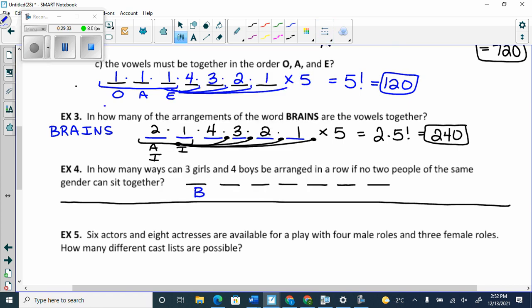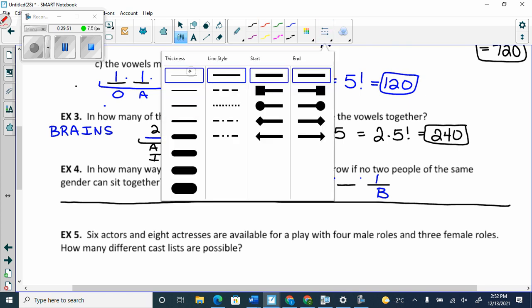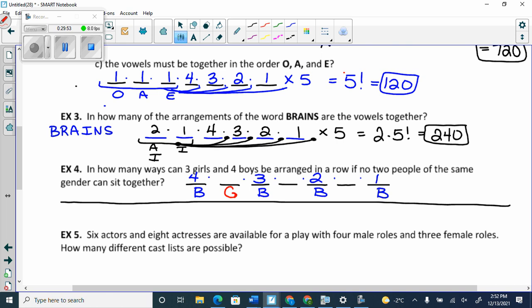So I go boy, boy, boy, boy. How many options of boys do I have for the first blank? 4. Then this one. 3. Then this one. 2. Then the last one. 1. And I have to fill the rest in with girls. So I have 3.